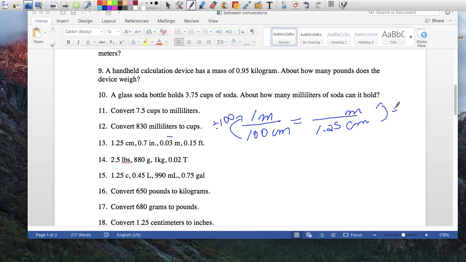So if I divide 1.25 by 100, I'm going to move that decimal to the left 2 spaces, and that's going to give us 0.0125 meters.